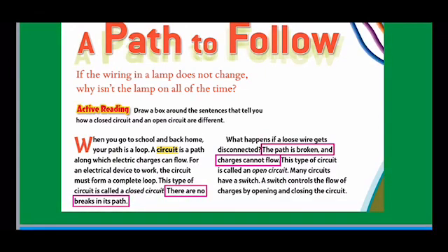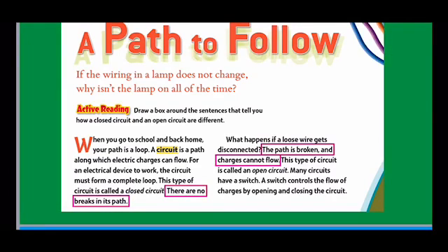Your television can turn on, or your refrigerator, or anything, or even your lamp. When you turn on the lights, you need an electric circuit. Now, the path that the electric charges can flow along, we call a circuit. If the path is broken and charges cannot flow, we call it an open circuit. Why?